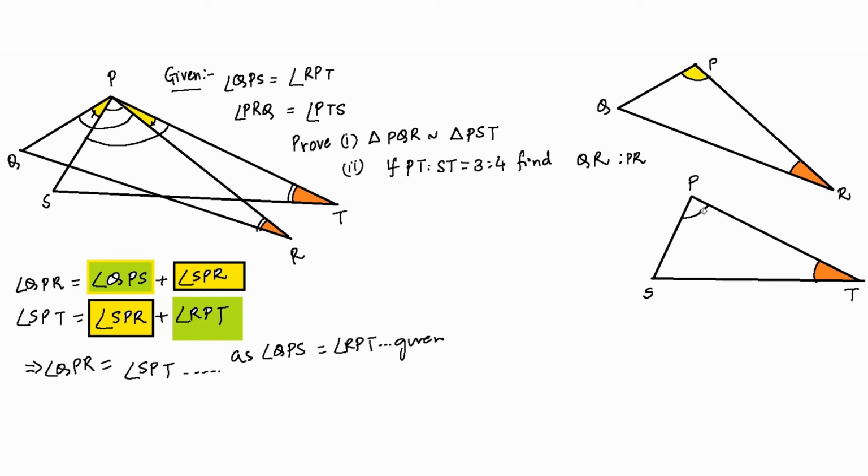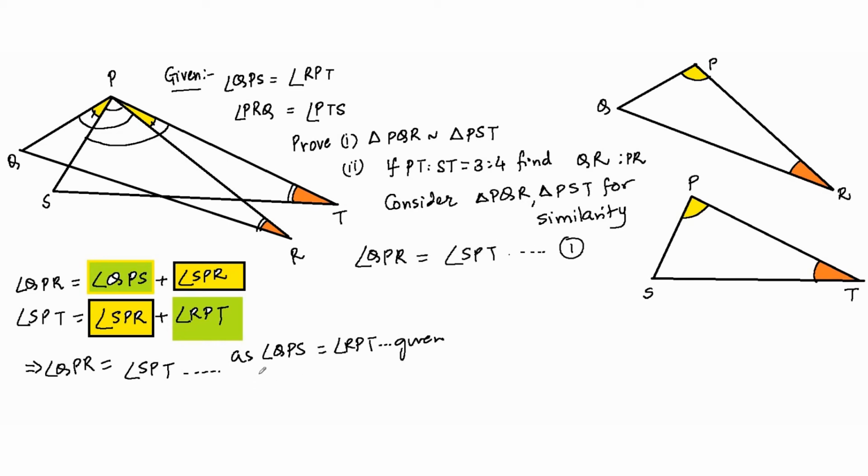So because these two angles are now equal, I can definitely use the AA test of similarity, right? So consider triangle PQR and triangle PST for similarity, and let us now note the parts which are equal to each other. Angle QPR is equal to angle SPT because of result 1, and angle PRQ is equal to angle PTS because this is given in the question.